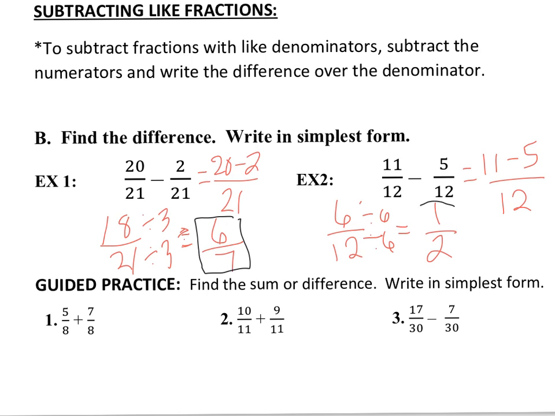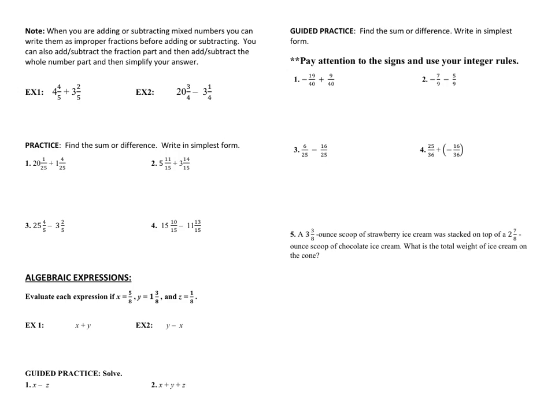So 1/2 is our final result, and it's very similar to adding except that you are subtracting. Go ahead and take a few minutes to complete the guided practice here at the bottom. Please turn your notes over to the back side now.